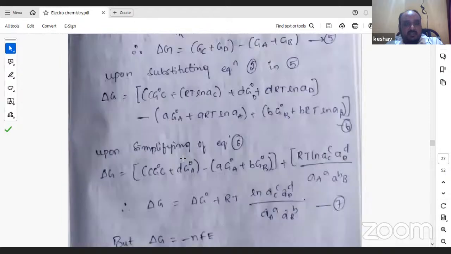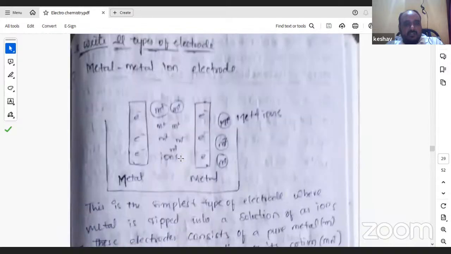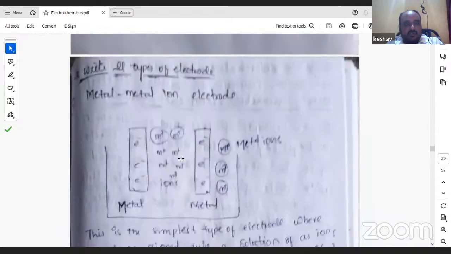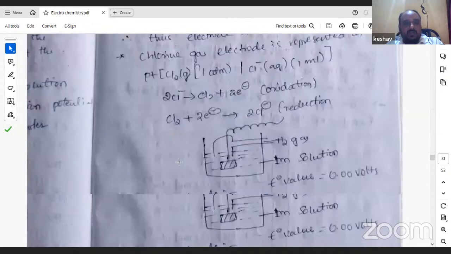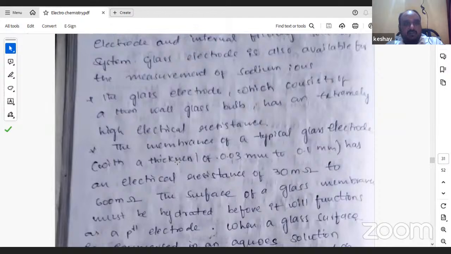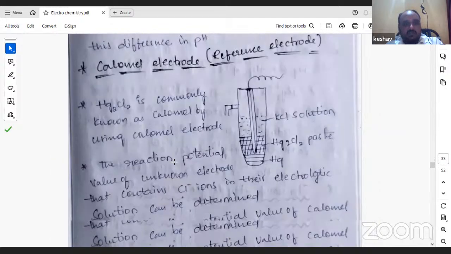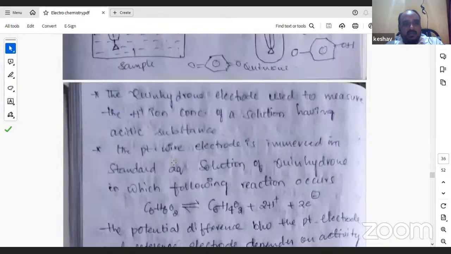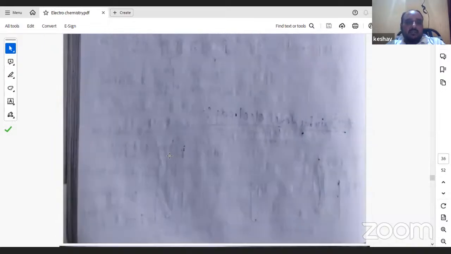After that, equilibrium constant. Then these are the types of electrodes. What type of electrodes we are utilizing? Calomel electrode, hydrogen electrode, then gas electrode, quinhydrone electrode, right? After that, this is the new concept, that is the electrode polarization. Okay. So I think next 2 classes, we will wind up this chapter, right?